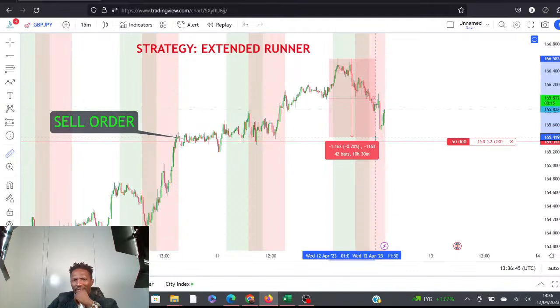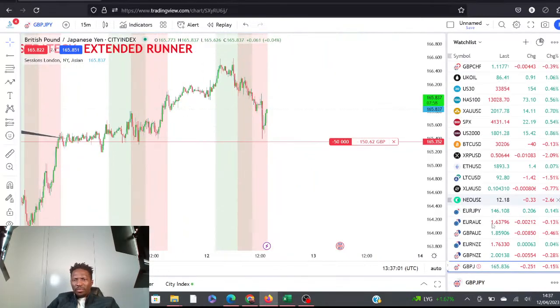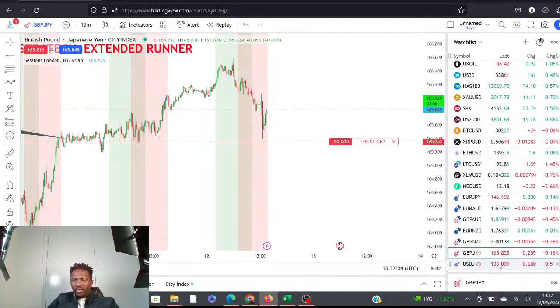So far the market has done over 116 pips today, and that should be enough momentum to keep driving this all the way down until close, and I'll make my decision then. But it's definitely not looking good on the pound yen.